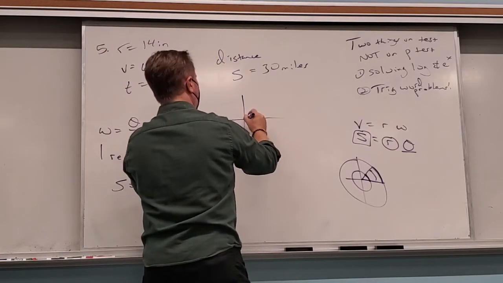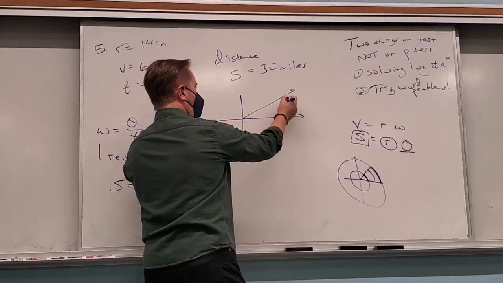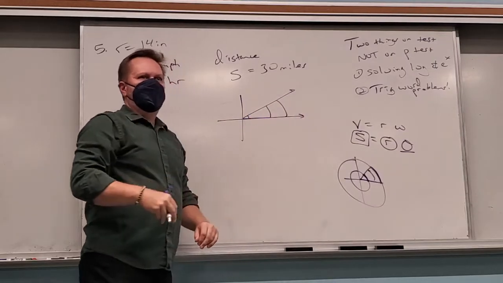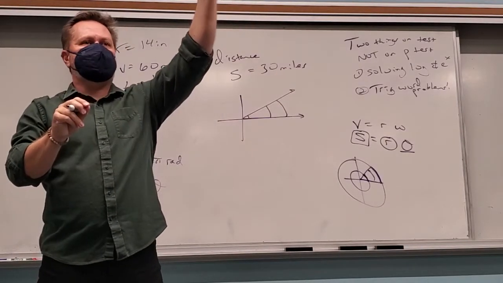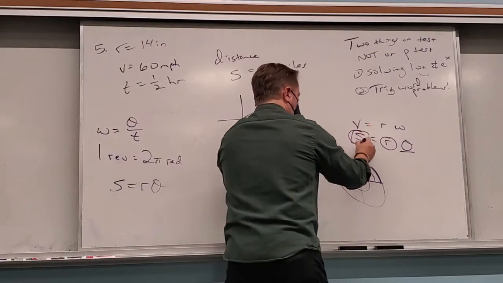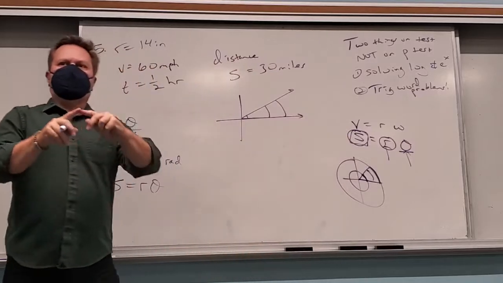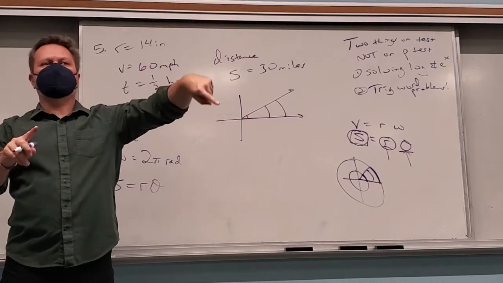If I've got this line and I rotate it, every point on that line went the same angle. But the further out in the line, that point went a farther distance, yes? That's why the distance traveled is r times theta. The radius is a multiplier to tell me how far I actually make it if I rotate that much.